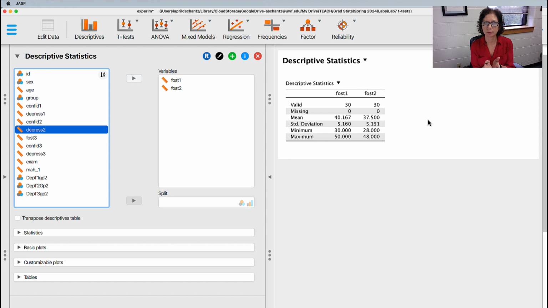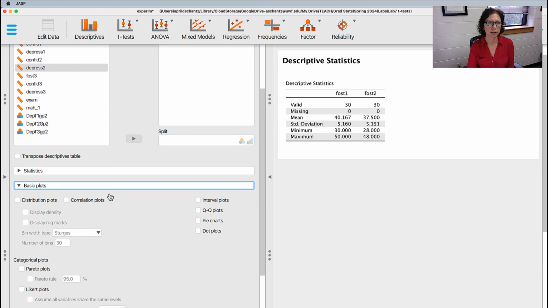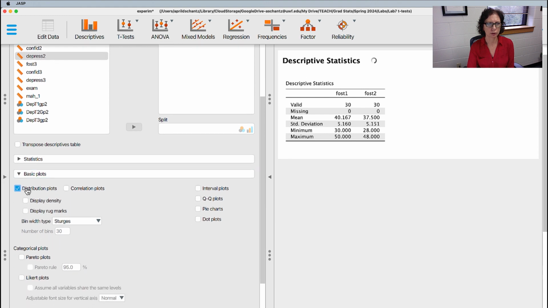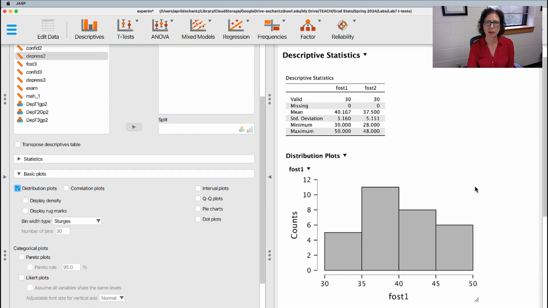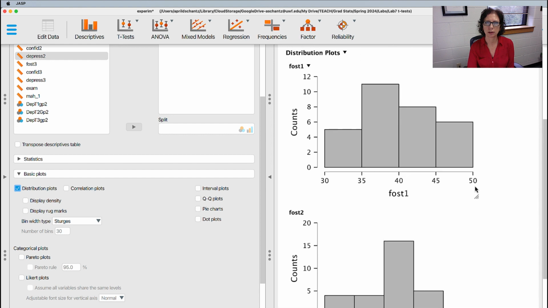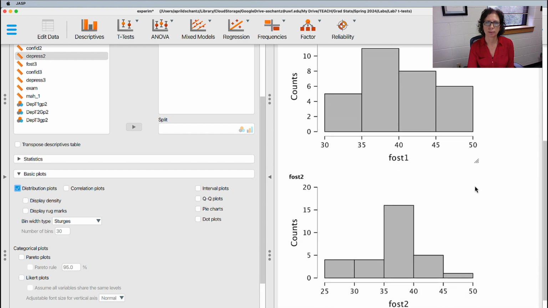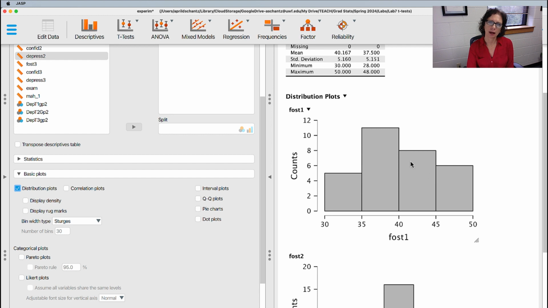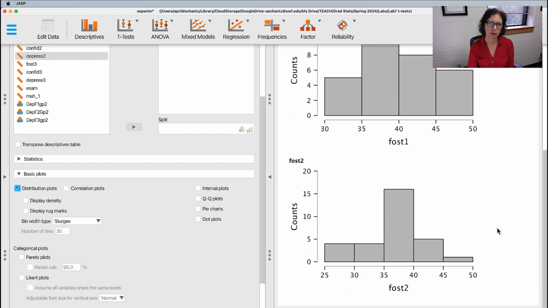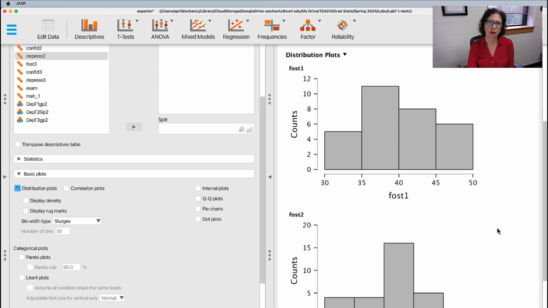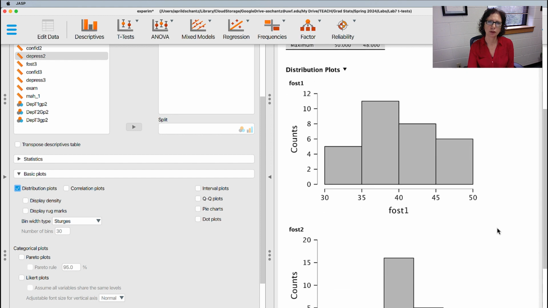normally distributed? Again, we can go into our basic plots and turn on distribution plots to see their histograms. Yeah, I would think FOST1 might look okay. FOST2 looks kind of weird. So let's check our other numbers, like visual inspection.